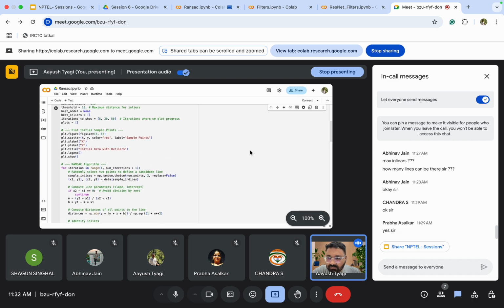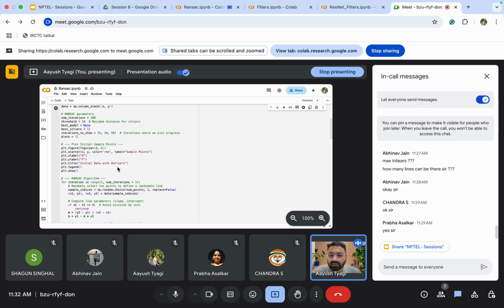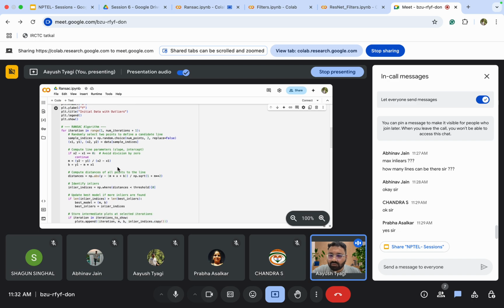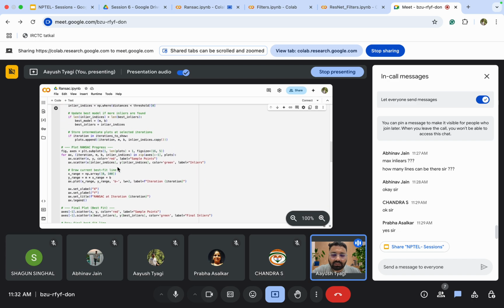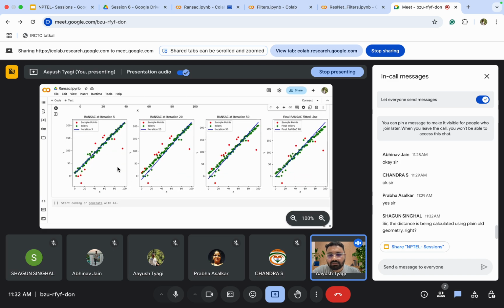I have defined the threshold as 10 here. If the distance of a point from the line is less than the threshold, then it's an inlier. If the distance is greater than that threshold, it's an outlier. The distance is calculated using old geometry.